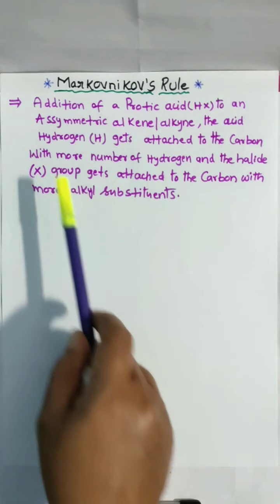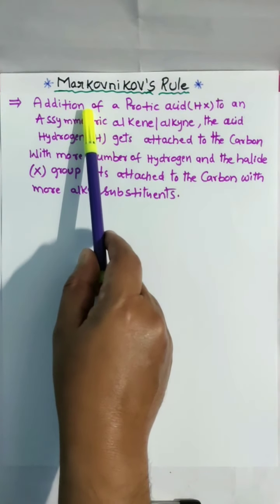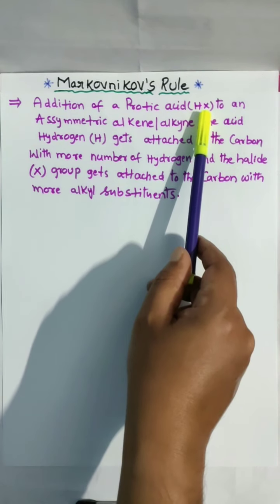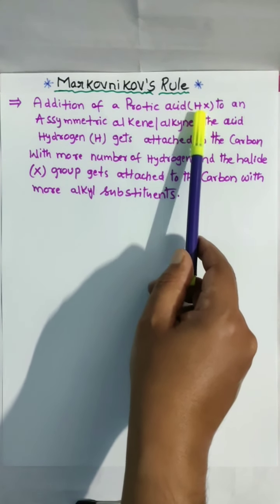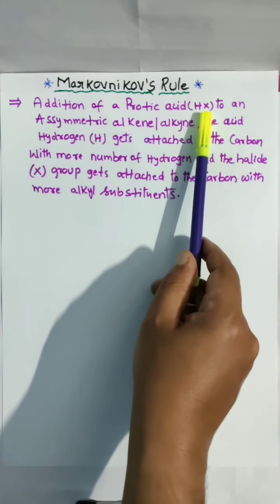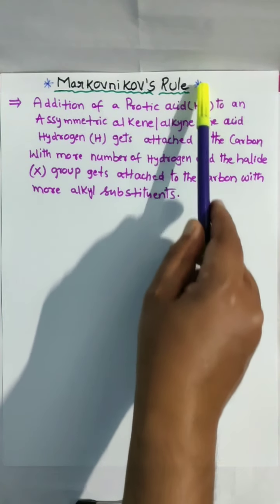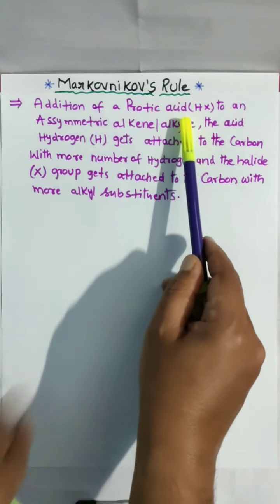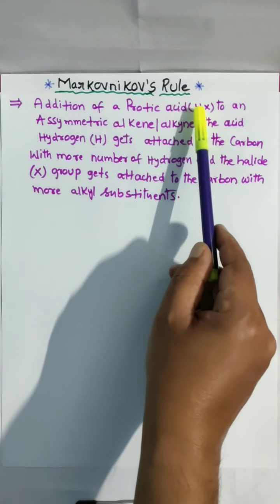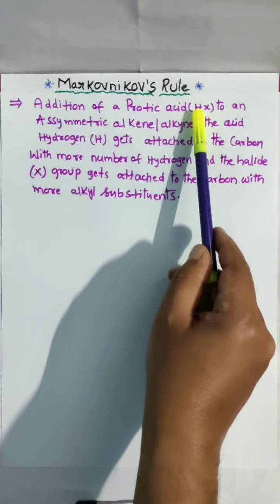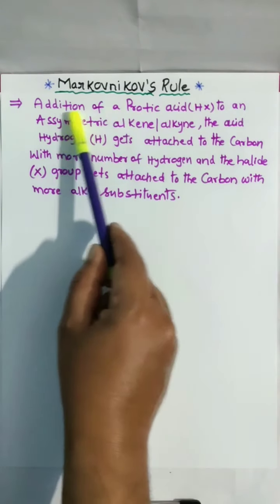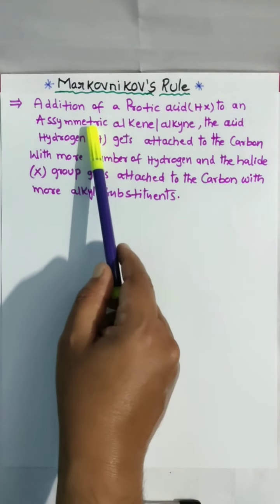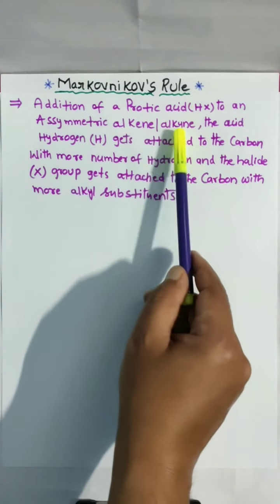Let me discuss the addition of a protic acid HX, meaning HCl, HBr, like that. Protic acid you know very well: it is an acid which is capable of donating H plus. So we discuss Markovnikov's rule for the addition of a protic acid to an asymmetric alkene or alkyne.